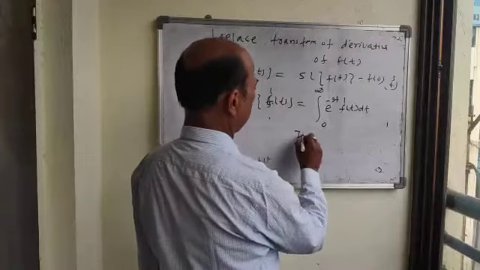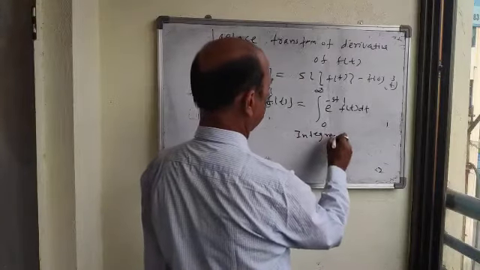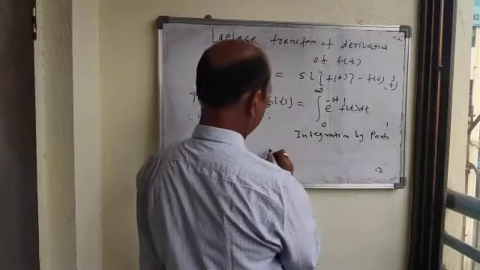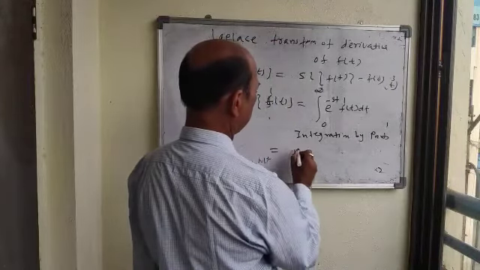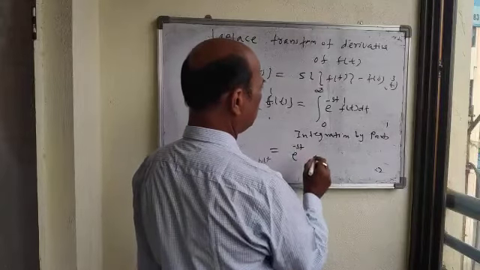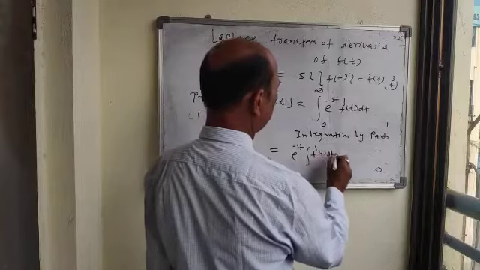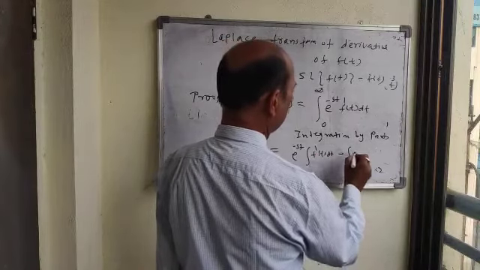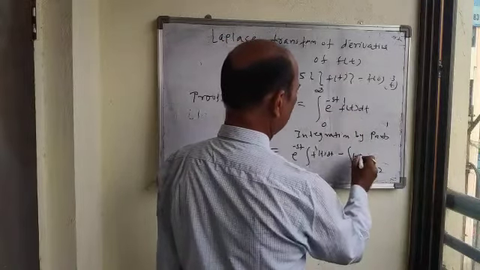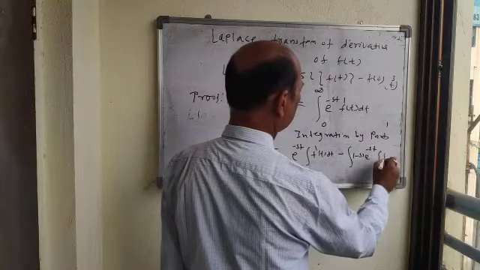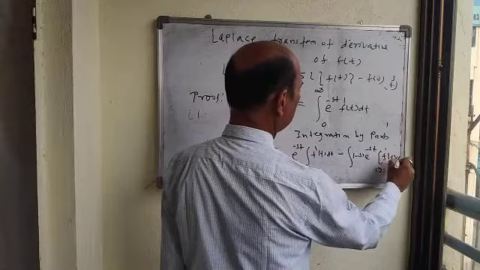By integration by parts, it is equal to the first function as it is, that is e to the power minus st, into the integration of the second, that is integration of f dash of t dt, minus the integration of the derivative of the first, that is minus s e to the power minus st, into the integration of the second, that is f dash of t dt.